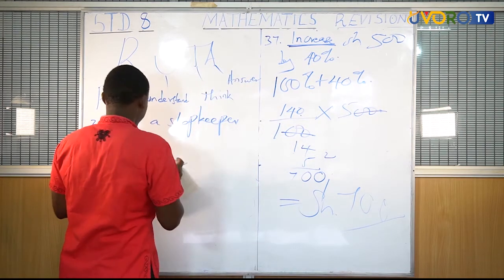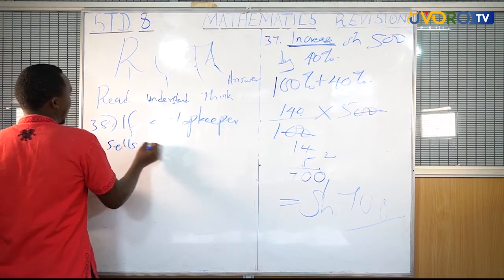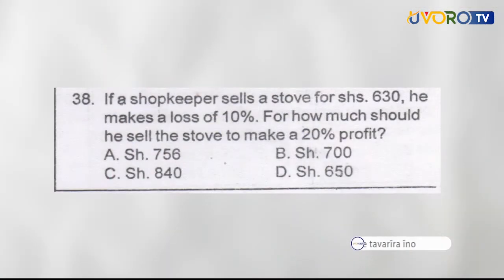If a shopkeeper sells a stove for shillings 630, he makes a loss of 10%.